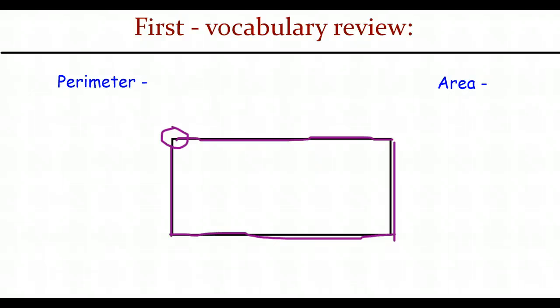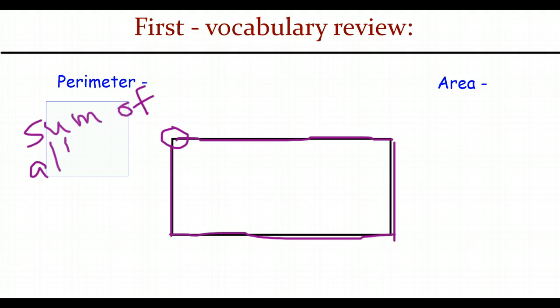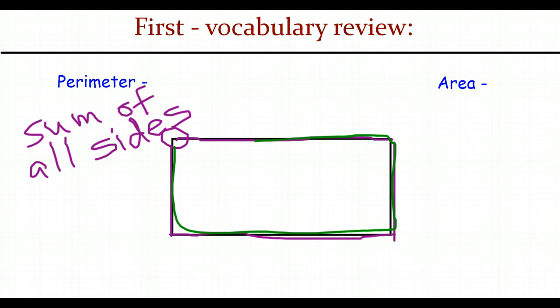Perimeter is the distance around the shape using the sides, or the sum of all sides. So in this case, we can see it easily just by walking around the rectangle, again, down the left-hand side, bottom, right-hand side, and across the top.